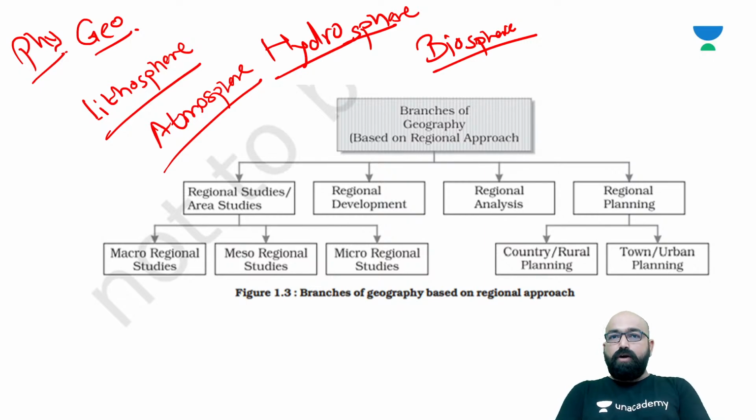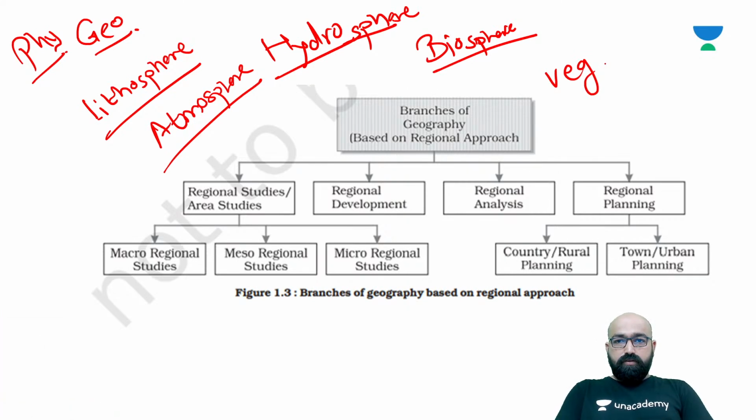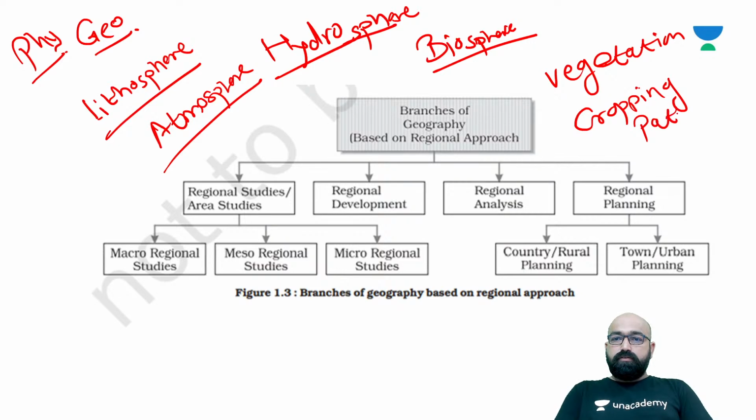The climate has a profound effect on vegetation, cropping pattern, livestock farming, and some industries.